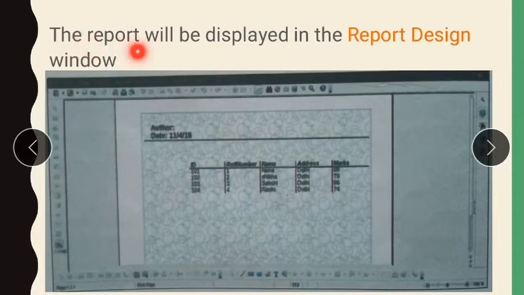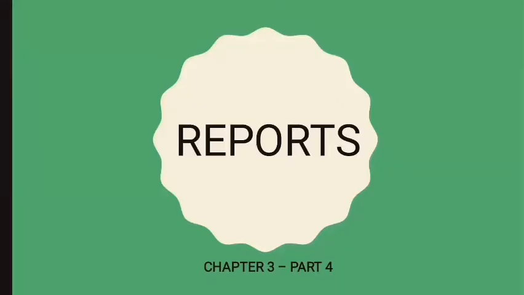So the report will be displayed in the report design window like this. Based on our table student data, this is the report of student: ID of student, roll number, name, address and marks of 4 students based on our table. So this is the report.